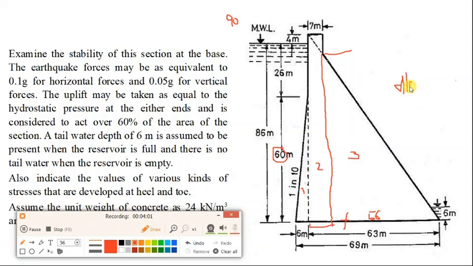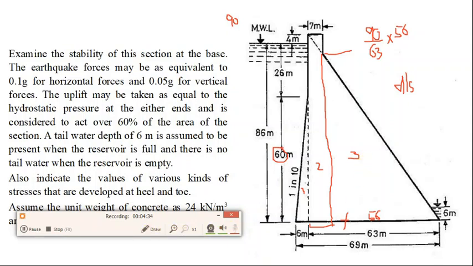So we can calculate it as 90, the total height, divided by the base 63, multiplied by the base of this triangle, 56. Okay, so we have calculated the height of this triangle number 3.